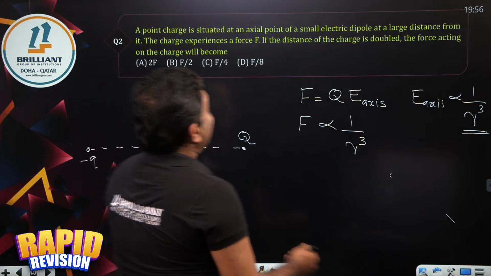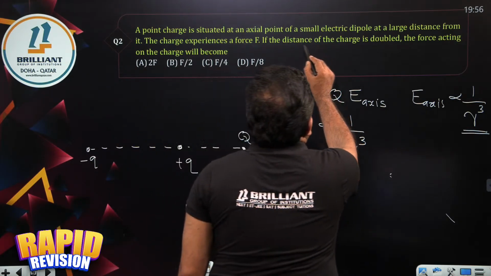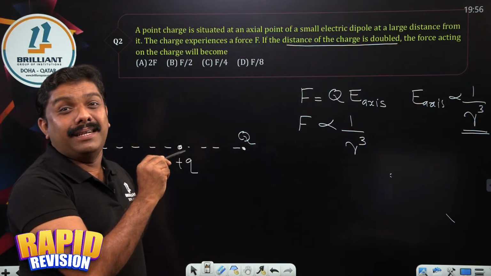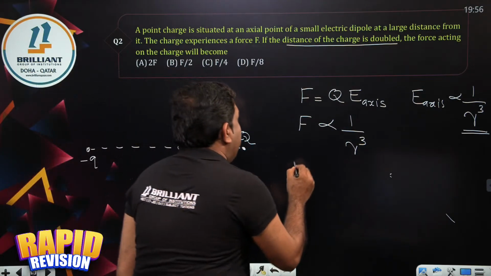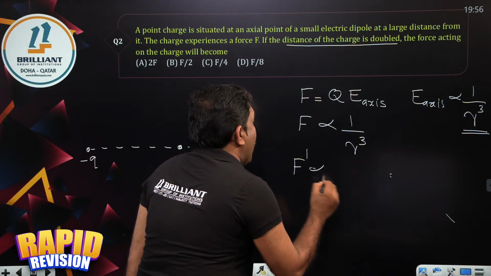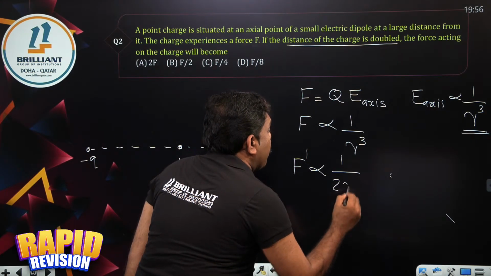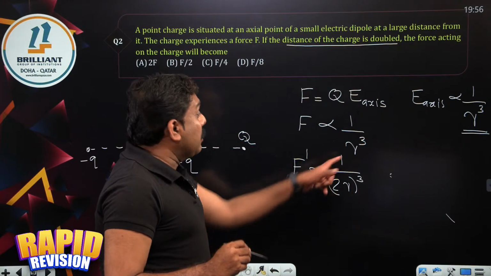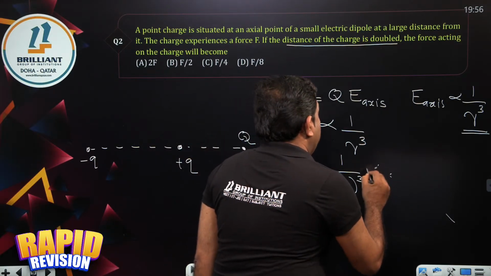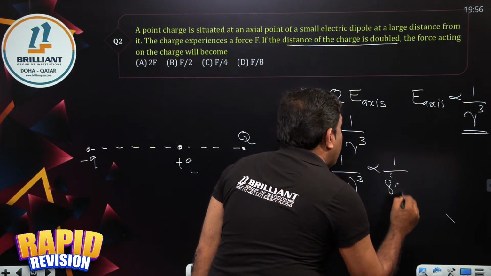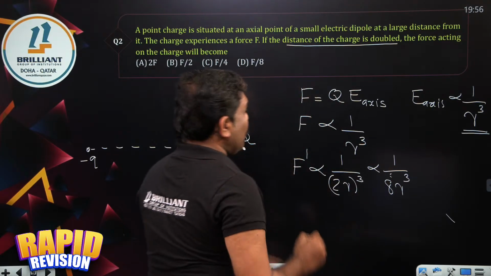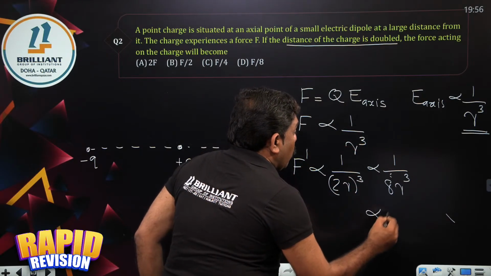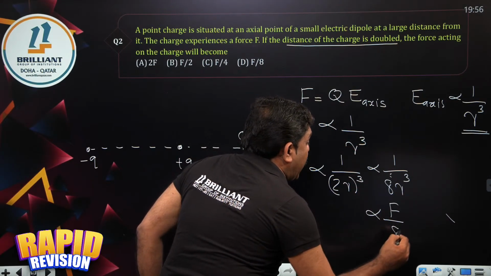Now the distance of the charge is doubled. So the new force F dash is proportional to 1 by (2r) the whole cube, instead of r I am writing 2r. That is 1 by 8r cube, and F is proportional to 1 by r cube, so this is F by 8.